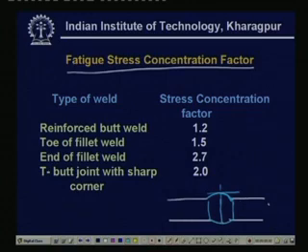So, if you consider the force P here, the stress distribution will be somewhat like this, with a stress concentration factor because of the abrupt change. Therefore, it is advisable to machine this off. We normally do not leave this as it is. One good practice will be to grind it.